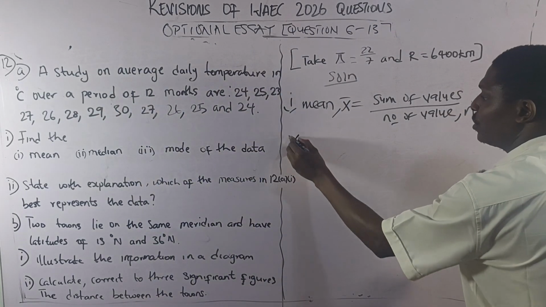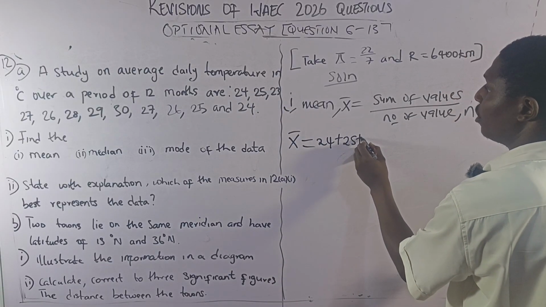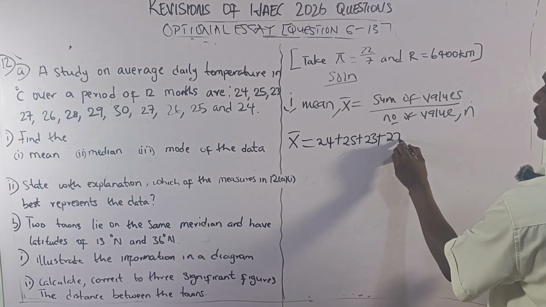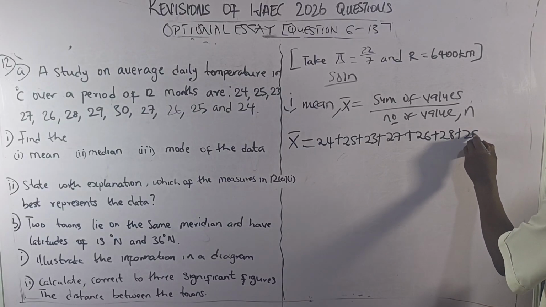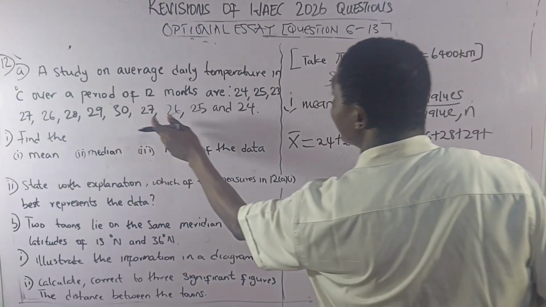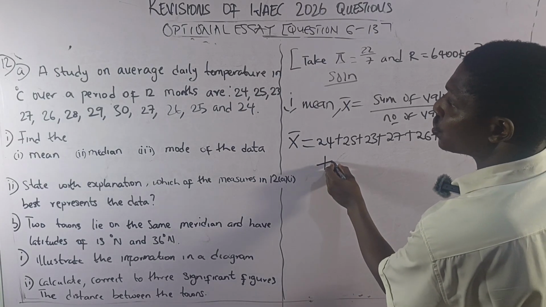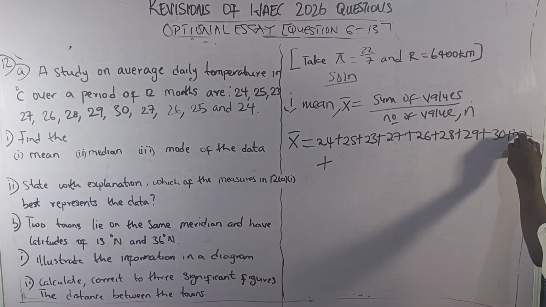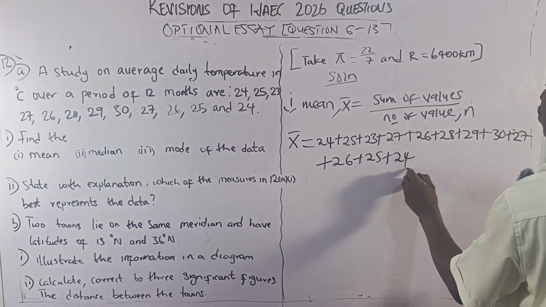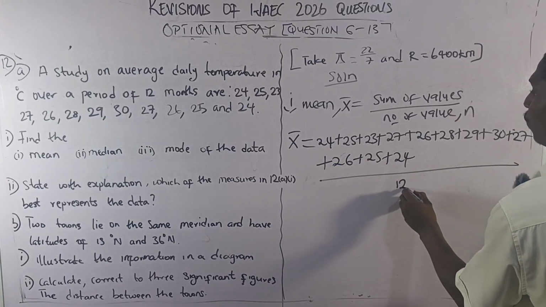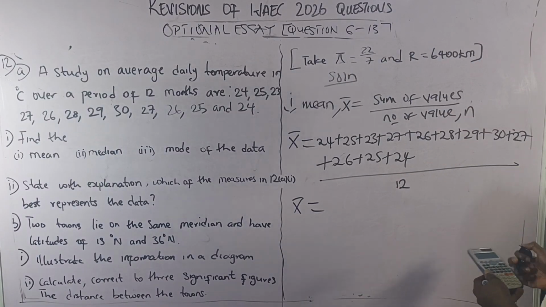Now, our x bar, which is our mean, will be equal to 24 plus 25 plus 23 plus 27 plus 26 plus 28 plus 29 plus 30 plus 27 plus 26 plus 25 plus 24, all divided by 12, because we say 12 months, and if you count this you get 12.